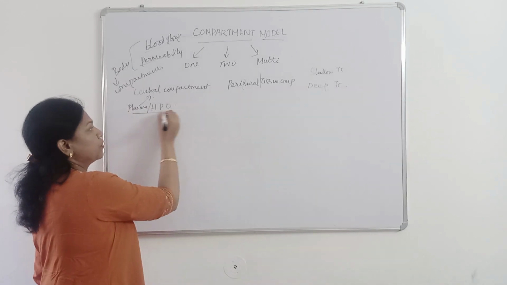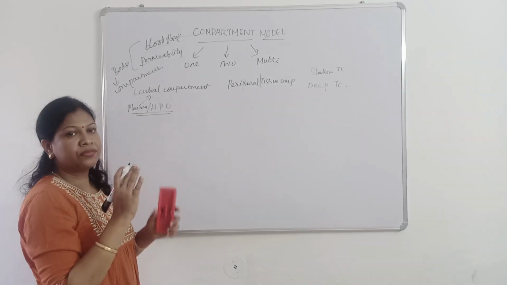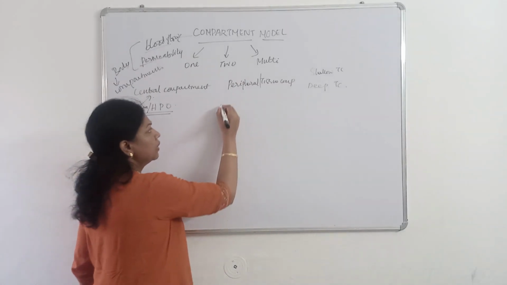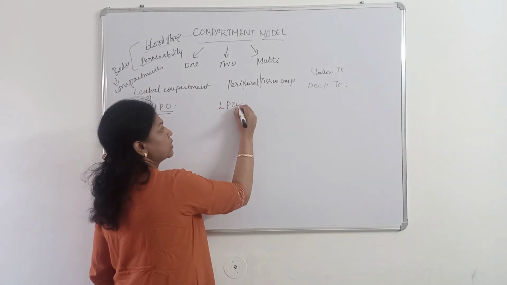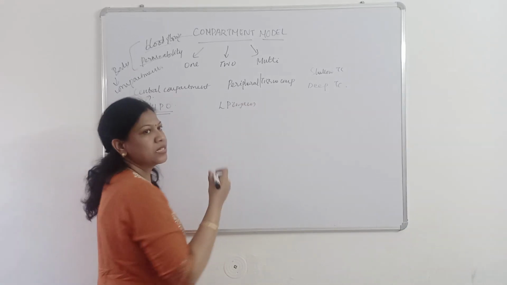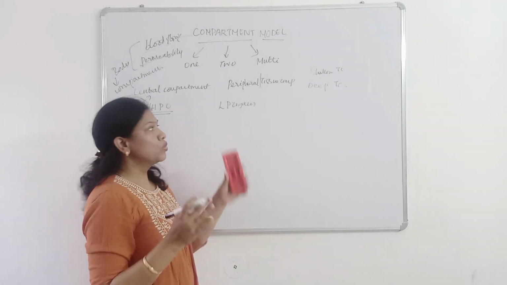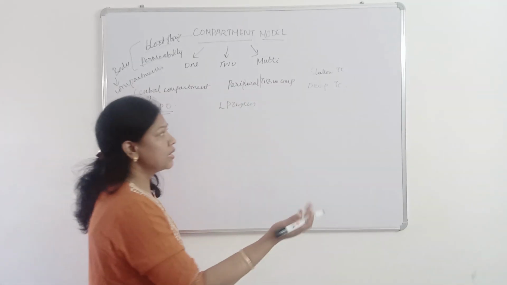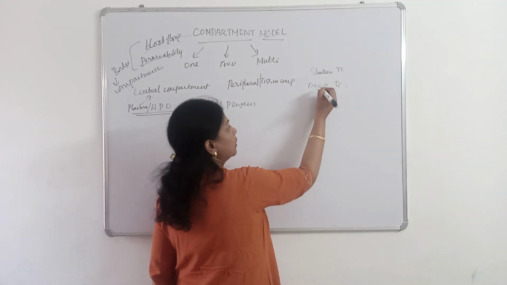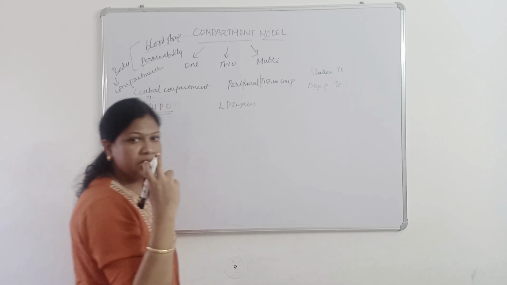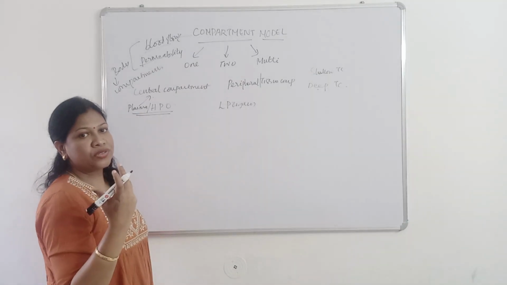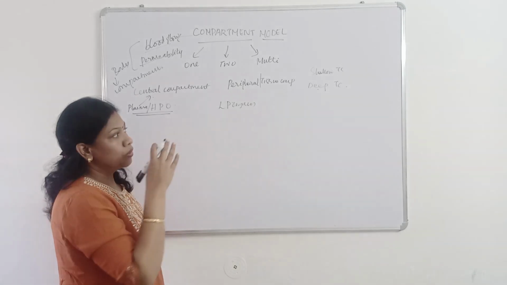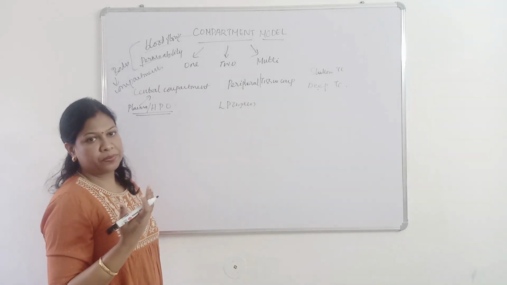All the highly perfused organs and plasma will always be placed in the central compartment. Next to this we have skeletal muscles and adipose tissues, which will be placed in the less perfused organs. And there are some tissues where the drug will reach very late because of very less perfusion of blood. That is known as the deep tissue compartment.